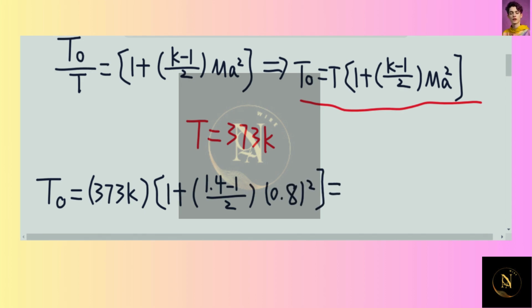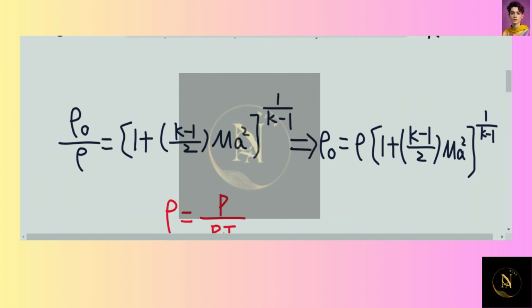And this will give us the stagnation temperature is about 420.744 Kelvin.